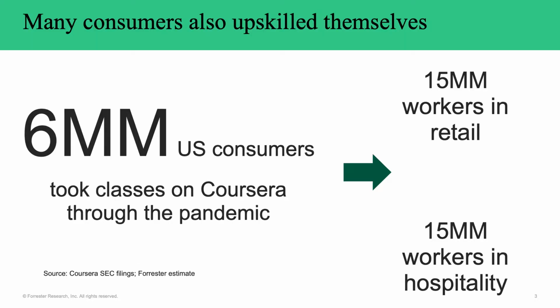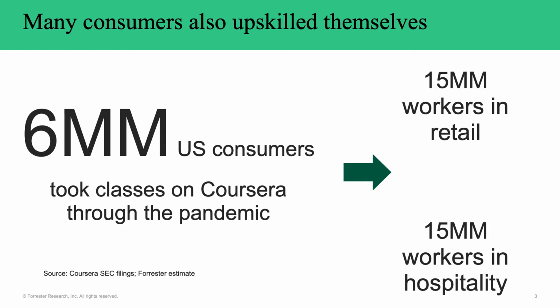And a lot of that money went to doing things like upskilling consumers. So this is data from Coursera. And Coursera, as you know, is one online educational platform that has a lot of higher skill classes and degrees in everything from computer science to data science or whatever a consumer may want to take advantage of.